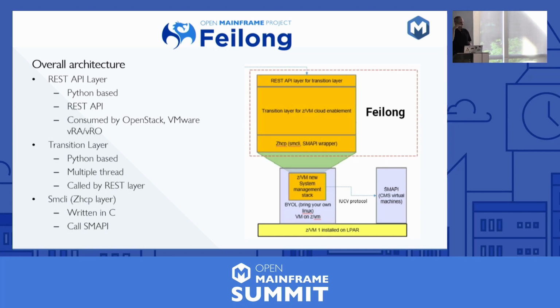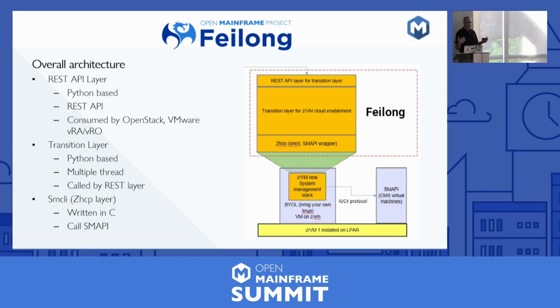Once the RESTful API layer receives a RESTful API call, so it's an Apache web server, an Nginx web server, it's going to do some basic checking of the call. It's going to make sure that it meets some criteria. And then if it meets all of that criteria, it's going to go down to the second layer in the diagram, which is the transition layer.